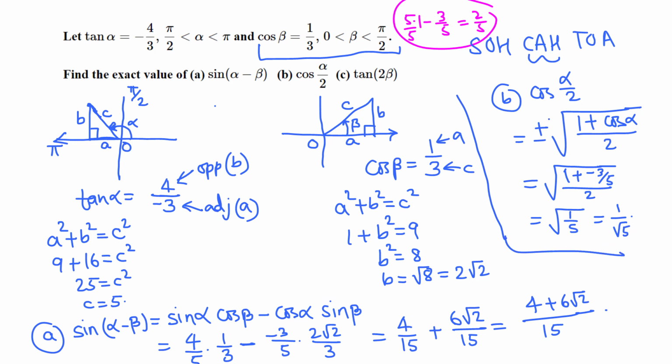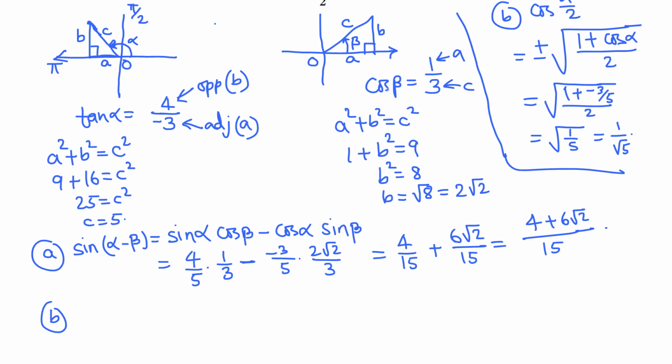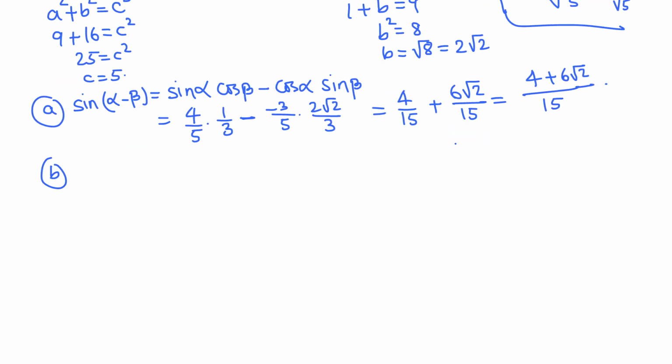That's part B. Now part C, tangent 2 beta. Looking at the formula list, tangent of 2 times any angle is 2 tangent of that angle over 1 minus tangent squared of that angle.